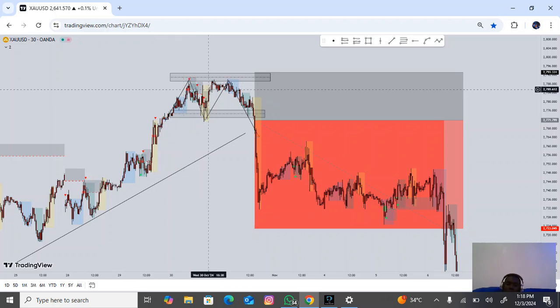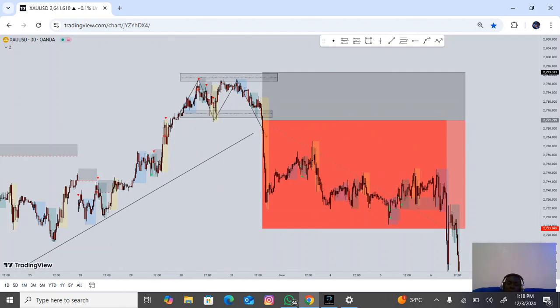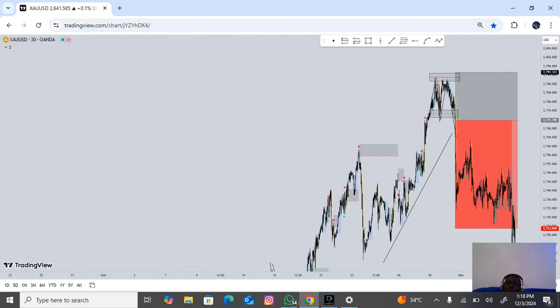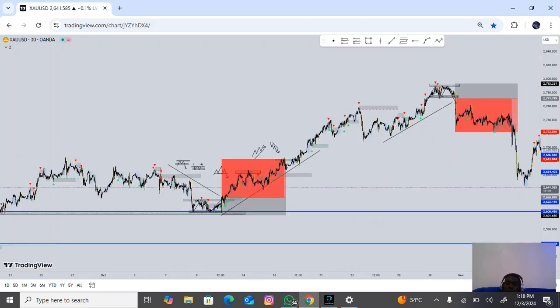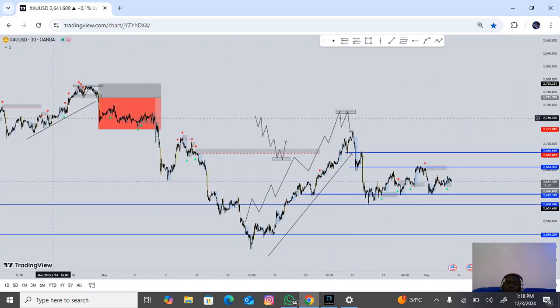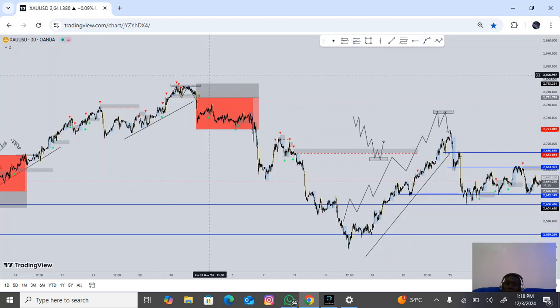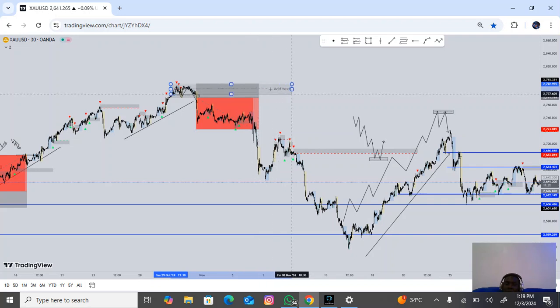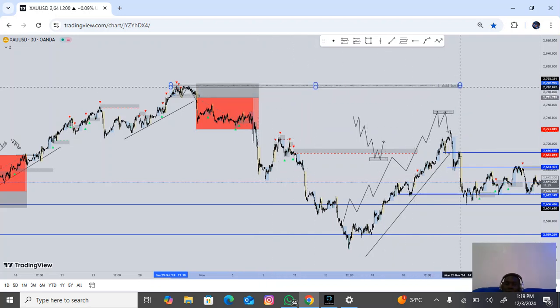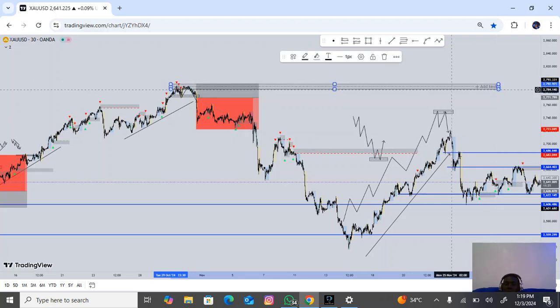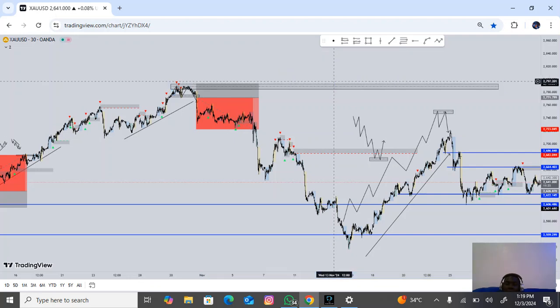So this is just the current resistance right here. Now you can be waiting to trade from this area in the future, right? I'm trying to show you a trading opportunity which you can look for in the future.